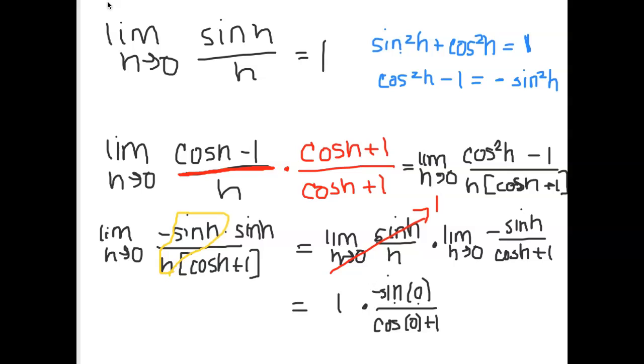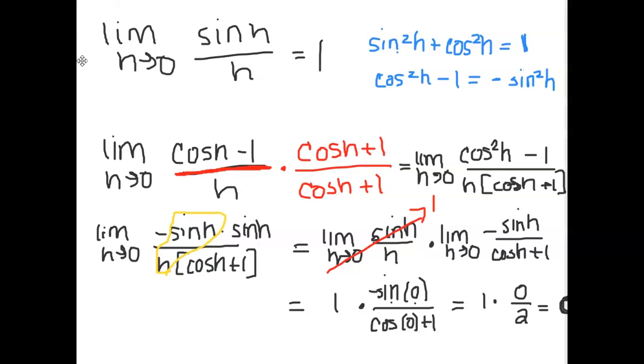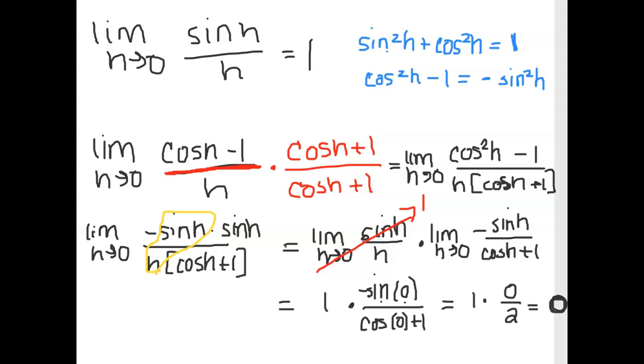The cosine of 0 is 1. So now my denominator is not 0. 1 plus 1 is 2. So I get 1 times 0 over 2, which is 0.